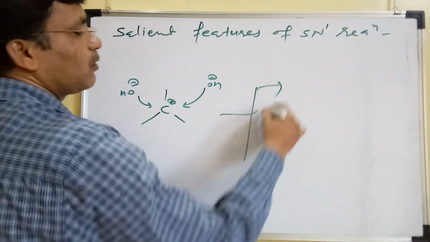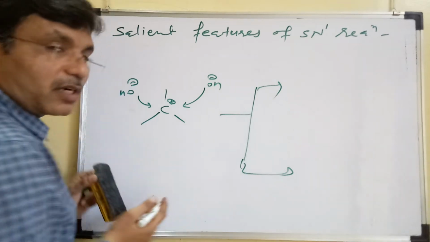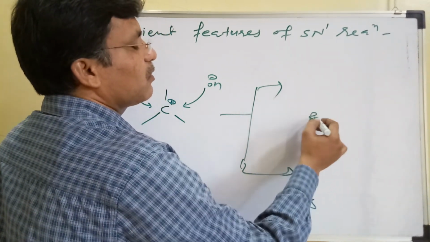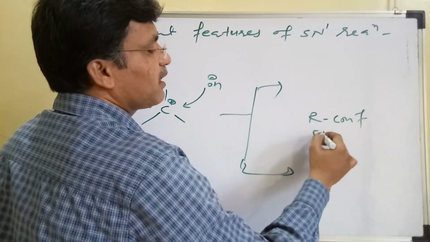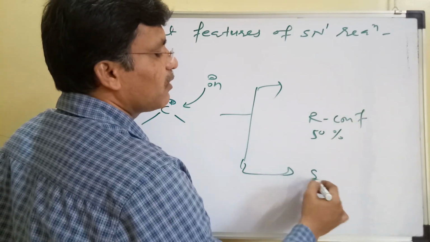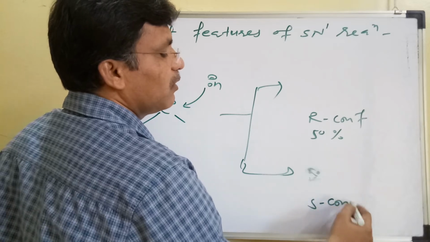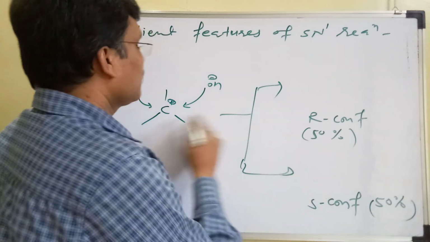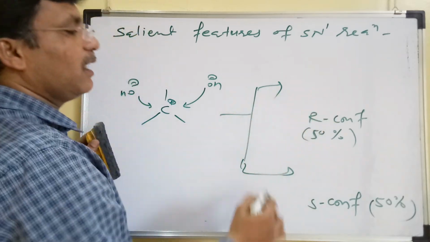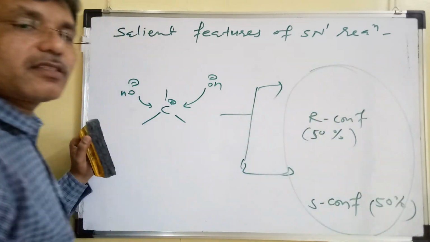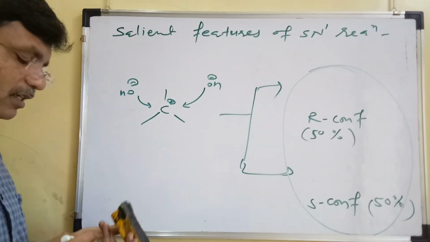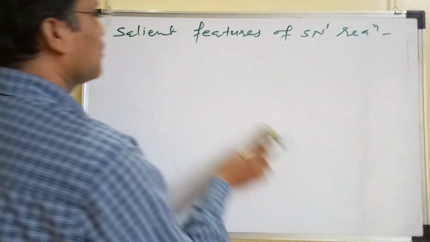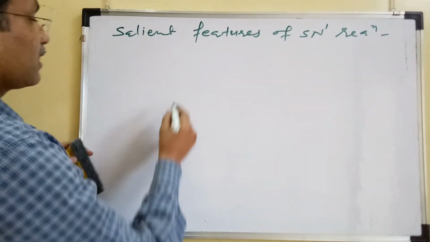That's why we get two kinds of product, the R configuration and S configuration, 50% each, and this mixture is called a racemic mixture, which is optically inactive. Now we'll see the last point of the salient features, that is the potential energy diagram.